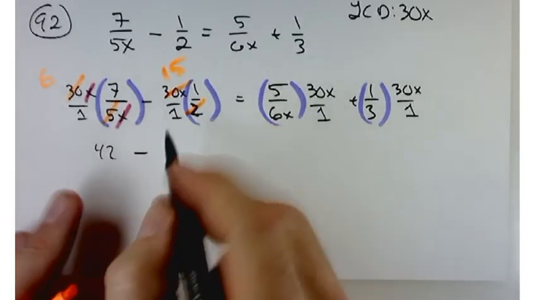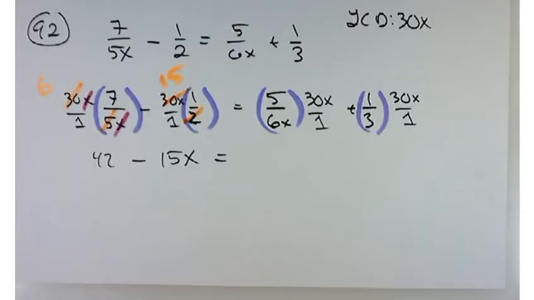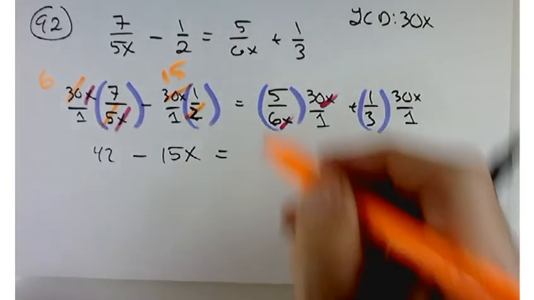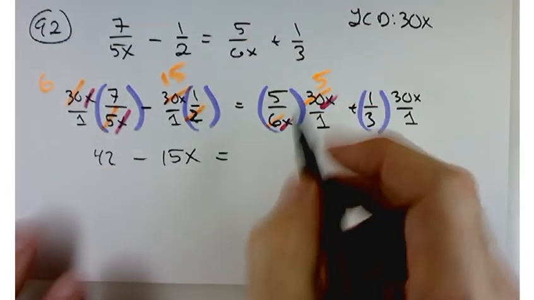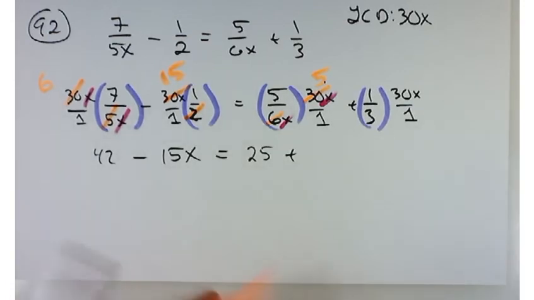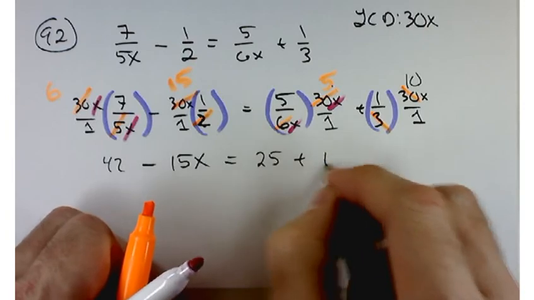We didn't cancel the x, so it's minus 15x equals. And let's see what happens over here. The x's cancel. 6 goes into 6 once and into 30 5 times. 5 times 5 is 25 plus 3 goes into 30 10 times, so 10x.